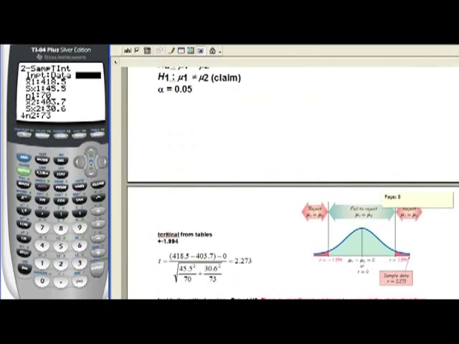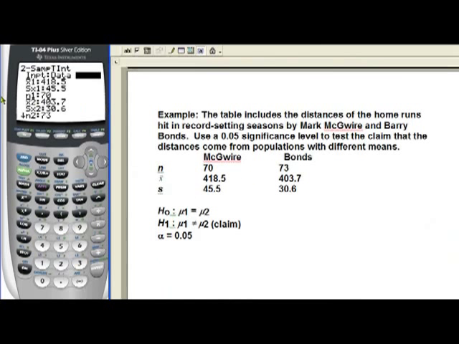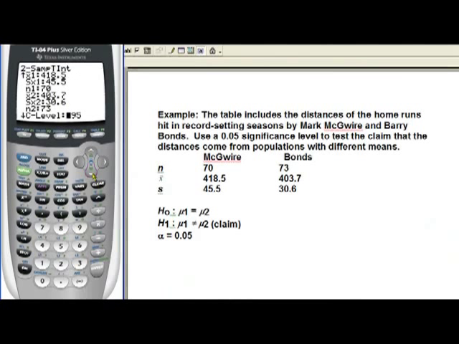So let me double check. For 18.5, 45.5, 70, and this one, if you look at it, these are all entered for us. All you have to do is enter the confidence level of 0.95. Assume it's not pooled. If you're not sure, do the F-test and calculate.